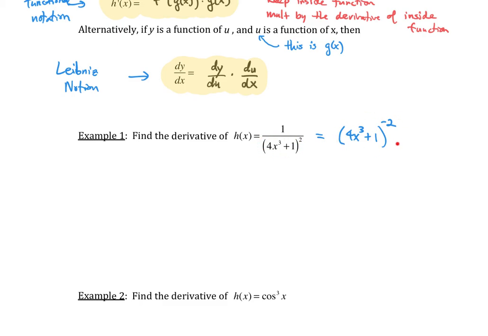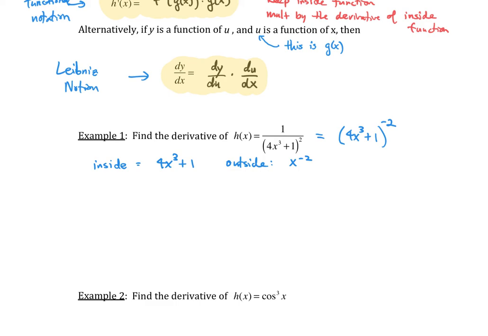And when I write it like this, I hope that you can see what the inside function is and what the outside function is. So for this example, let me just write it out explicitly. The inside function is going to be equal to 4x cubed plus 1, and the outside function is going to be x to the negative 2.